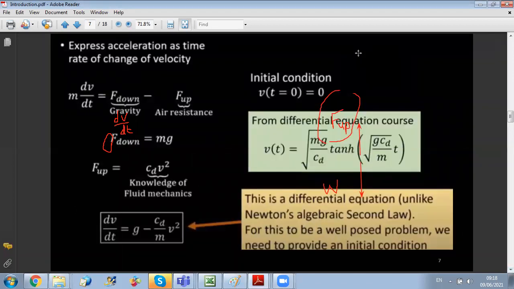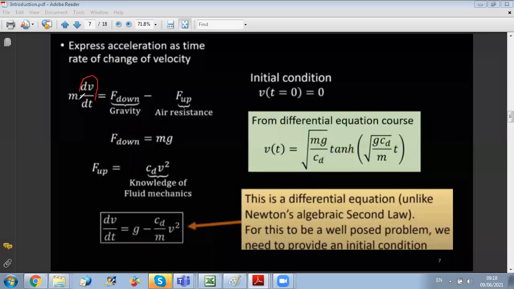My equation is m times dv by dt. So this is the acceleration term. I transformed a into a derivative. And you will see that numerical methods will offer several options to compute the derivatives. So m dv by dt is equal to the downward force of gravity minus the air resistance force.